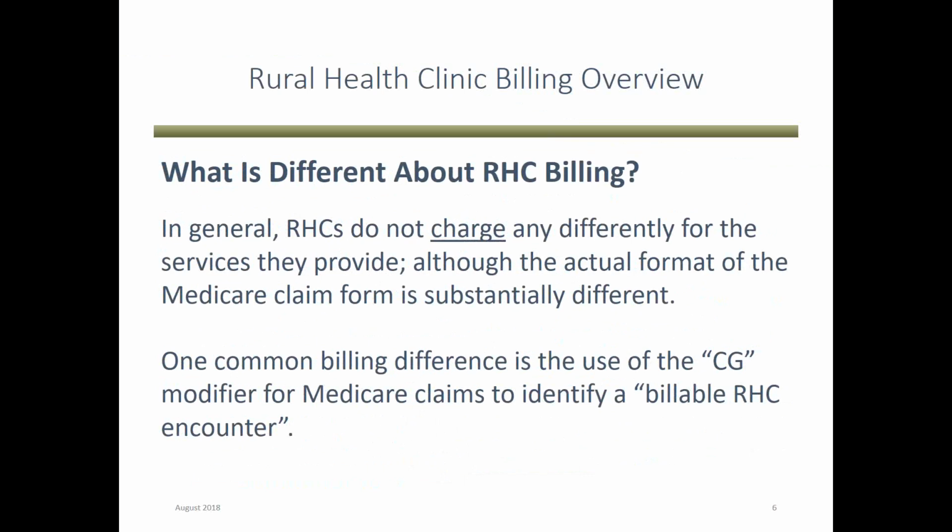The most common billing difference for Medicare rural health clinics is the use of the CG modifier to identify a billable rural health clinic encounter that's eligible for reimbursement of the all-inclusive payment rate.